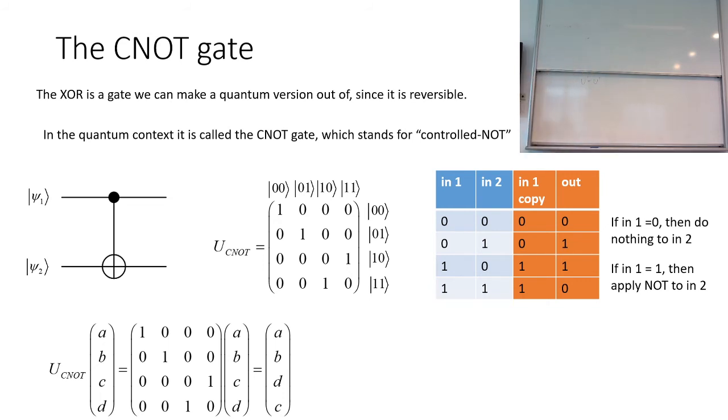Of course, in general, it takes an arbitrary quantum state with coefficients A, B, C, D, and produces a new quantum state A, B, D, C. So it flips the bottom 2.